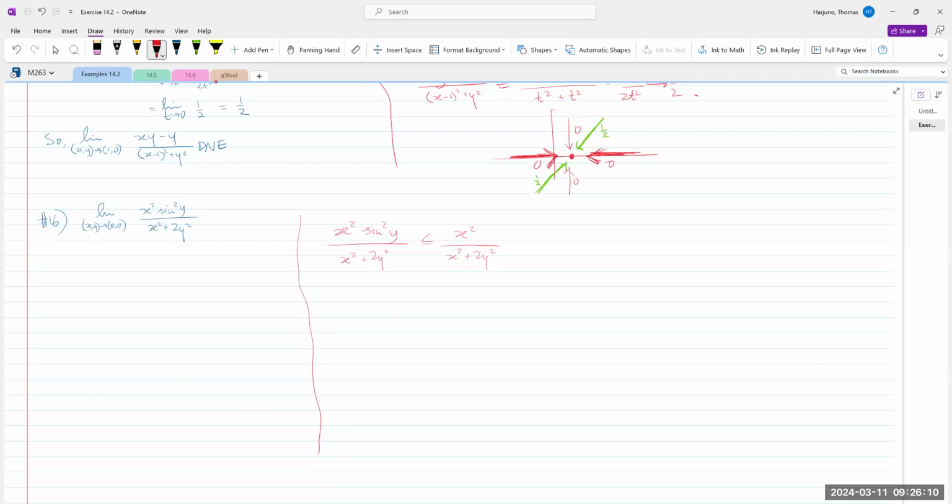But this is less than or equal to x squared over x squared, which goes to 1.